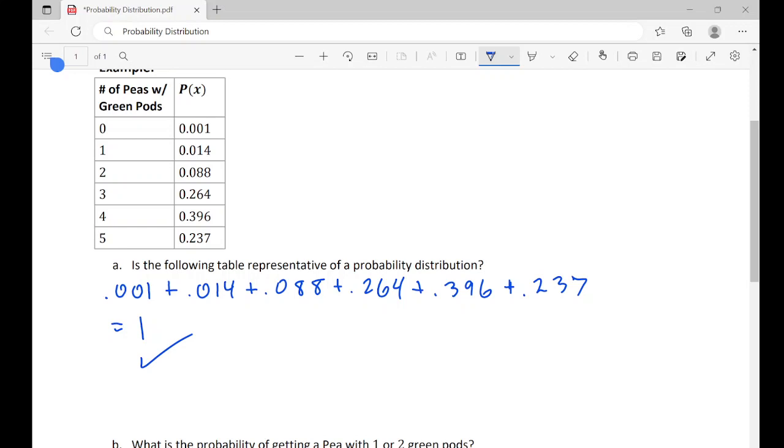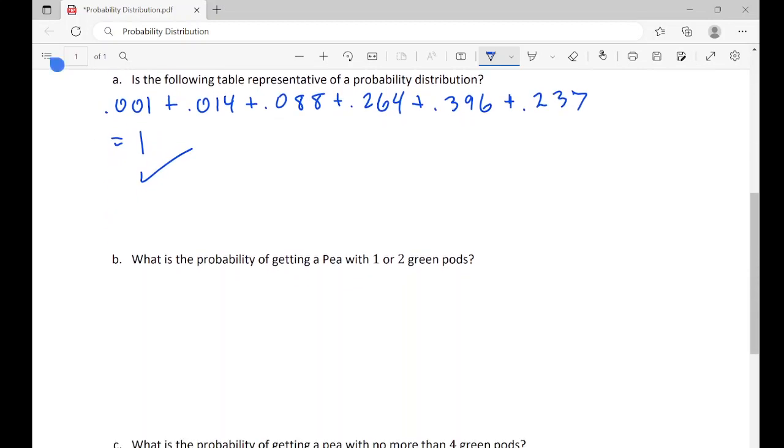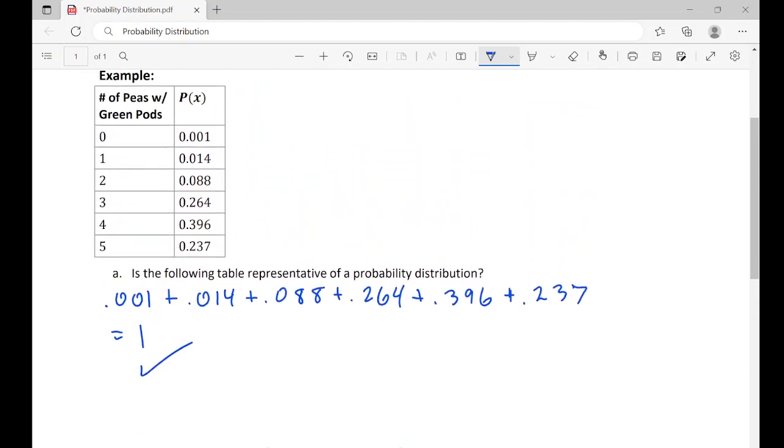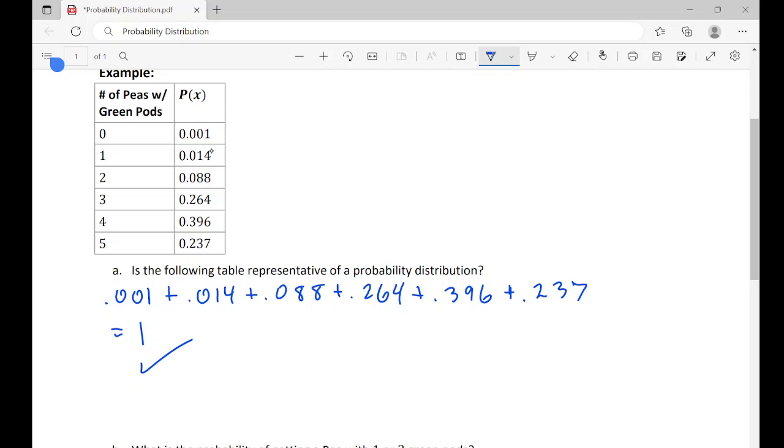Now that we know that, we can go on to the next question, which is, what is the probability of getting a pea with 1 or 2 green pods? So what we can do is go back up to our table and see that 1 green pod has a 0.014 probability, and 2 has a 0.088 probability.